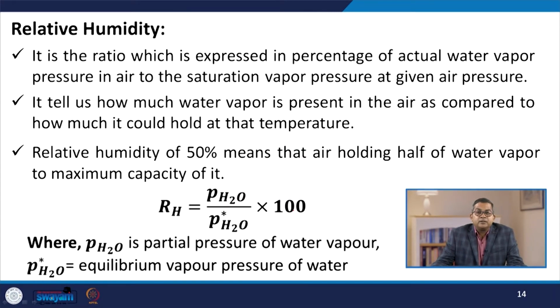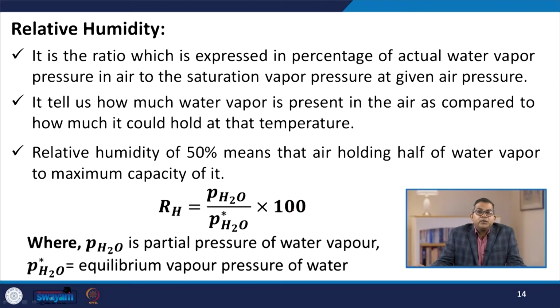Relative humidity. If you recall, at the start of this lecture I used this particular term, relative humidity. It is a ratio, expressed as a percentage, of the actual water vapor pressure in air to the saturation vapor pressure at the given air pressure. It tells us how much water vapor is present in the air as compared to how much it could hold at that particular temperature.